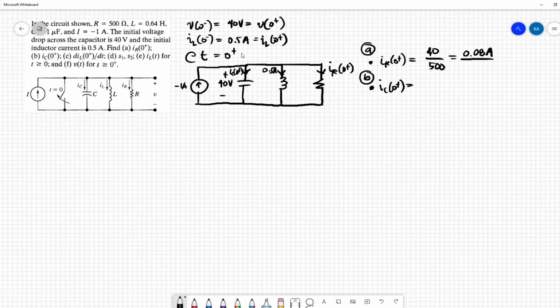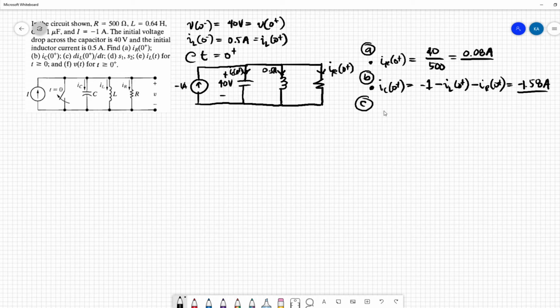If you apply KCL at the top node, IC of 0 plus is equivalent to I, which is negative 1, minus IL of 0 plus minus IR of 0 plus, equal to negative 1.58 amperes.